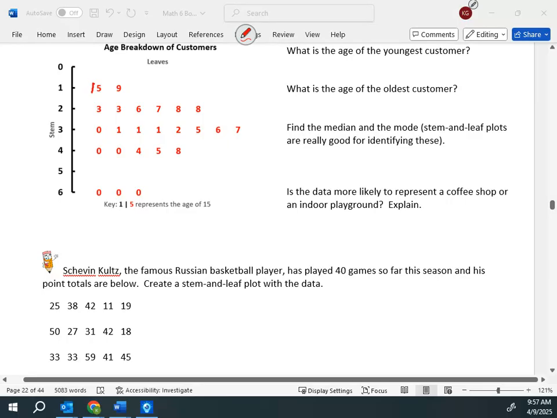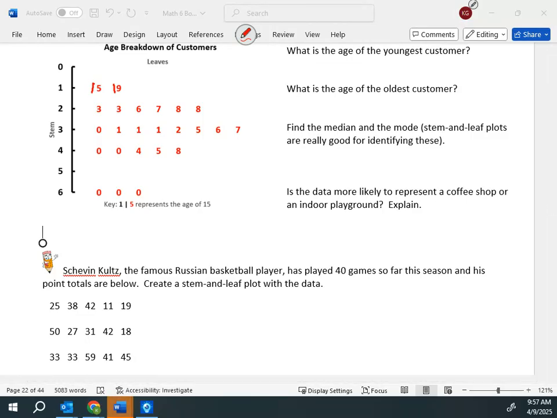It's not a 9-year-old. How old is this person? 19. If I look at my next row, it's not a 3-year-old. How old are they, Bennett? 23. And this next one would be 23, 26, 27, 28, and 28.